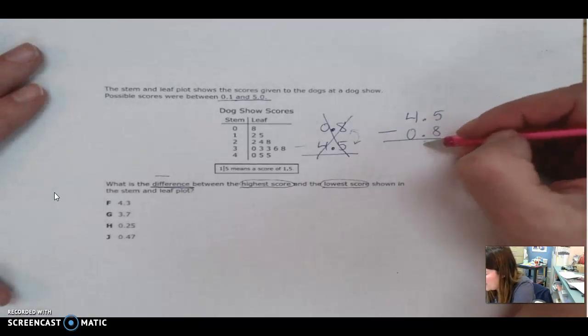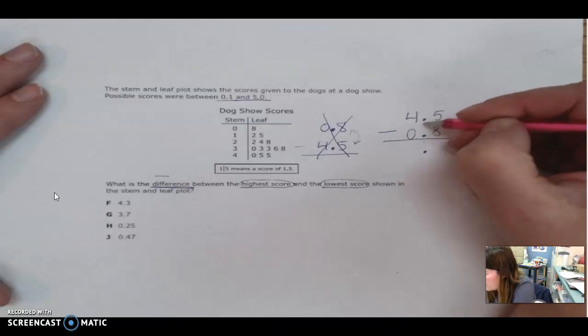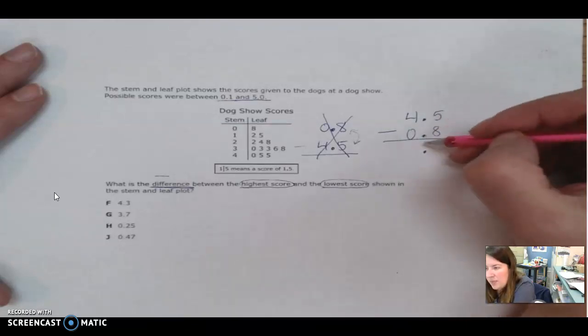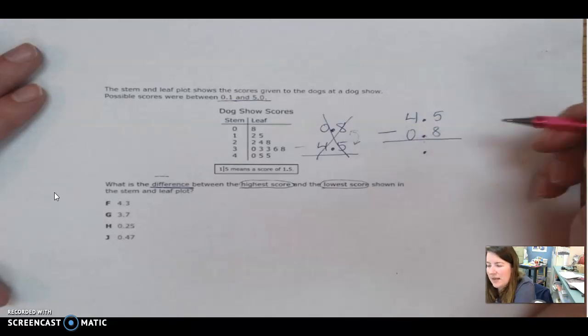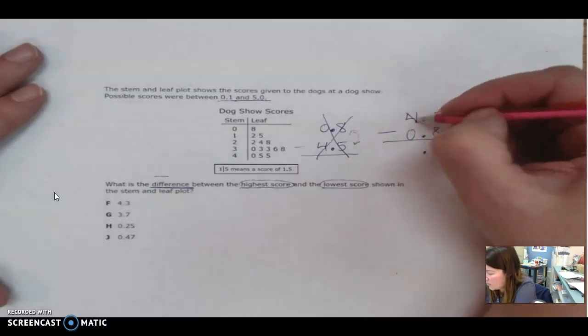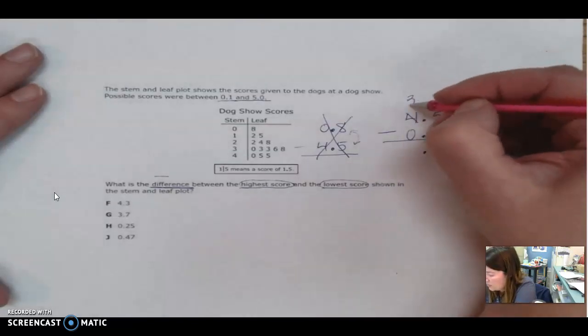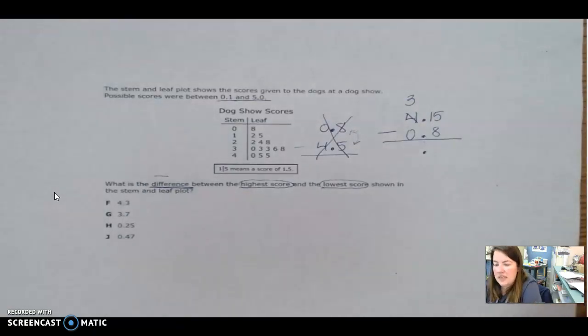So I'm going to drop my decimal down. We haven't added and subtracted decimals in a while. Drop my decimals down, right? Line them up like buttons on a shirt. And let's subtract. Can I do 5 minus 8? I can't. I can't start with 5 and take 8 away, so we need to regroup. So this 4 becomes a 3. This 5 is now a 15.